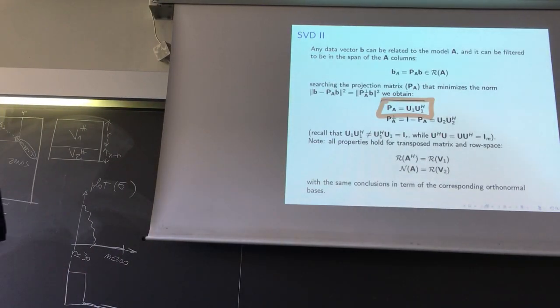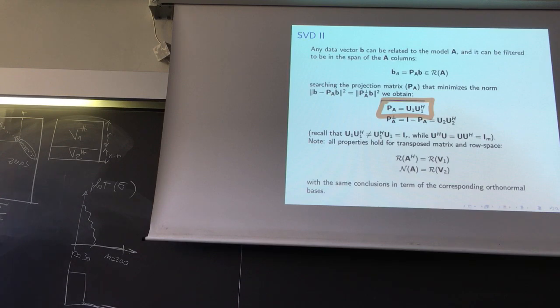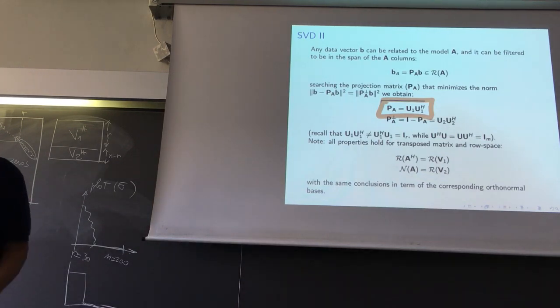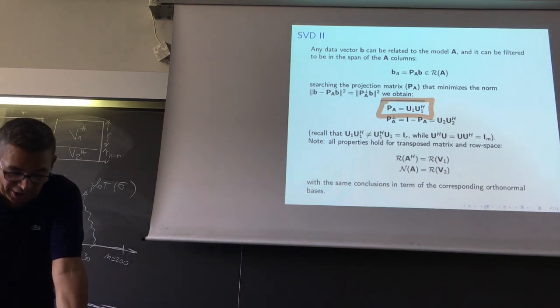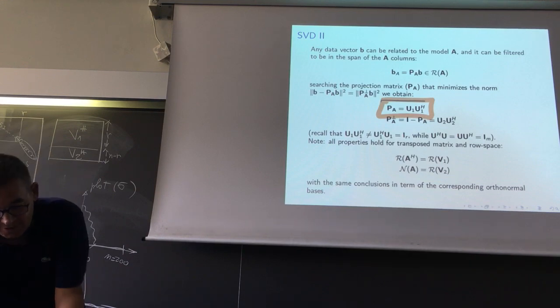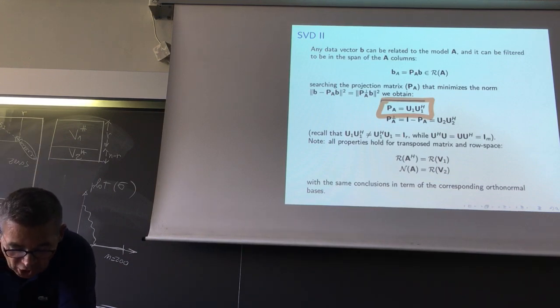The projection matrix is U1 U1 transpose, or U1 U1 Hermitian in case it's complex. So now we know how to get the basis for this subspace, and we will use it. By the way, a very common mistake.